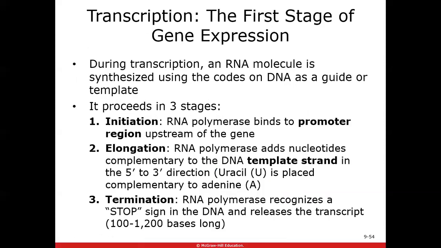So during transcription, an RNA molecule is synthesized using the codes on the DNA as a template. I'm not going to require that you know the different stages. Just know that transcription produces messenger RNA from the DNA.